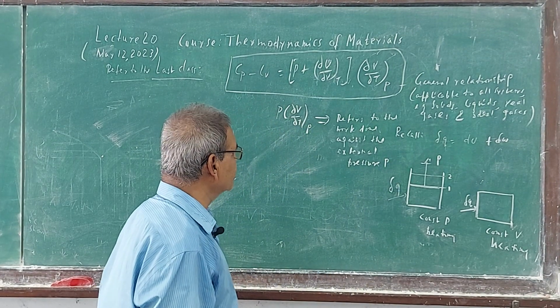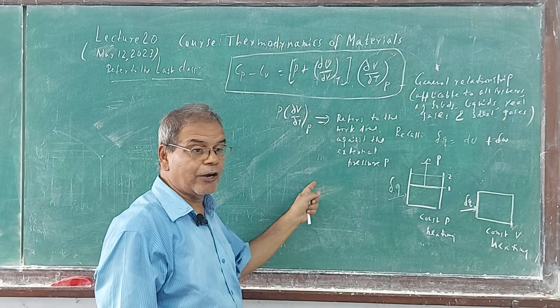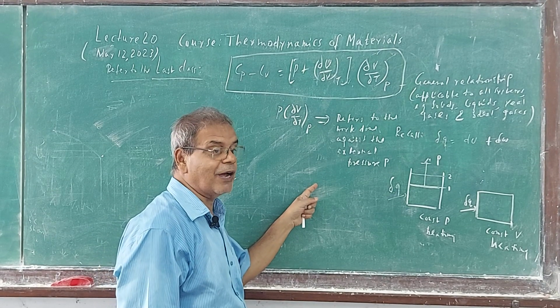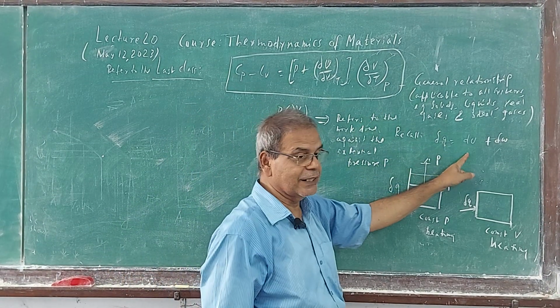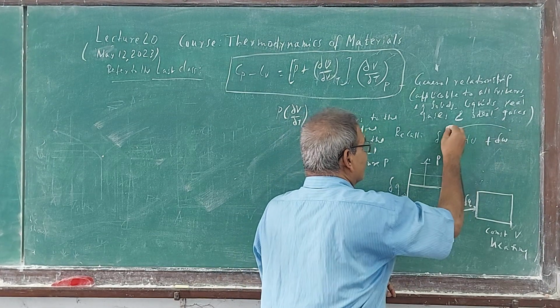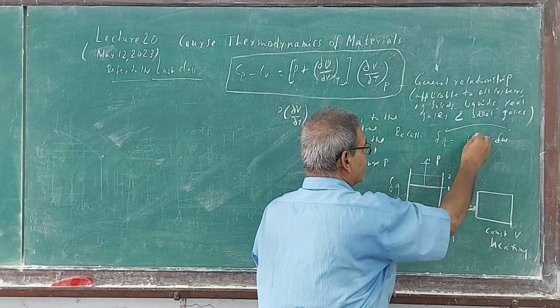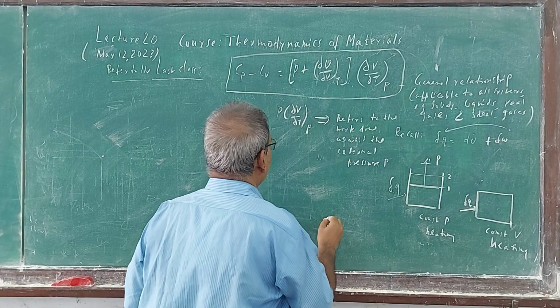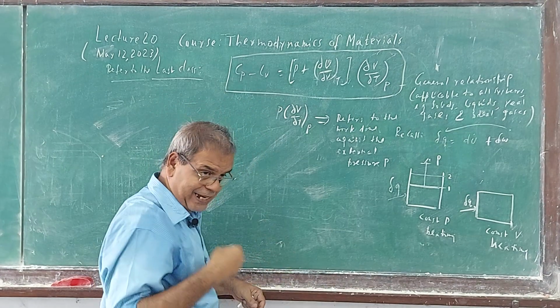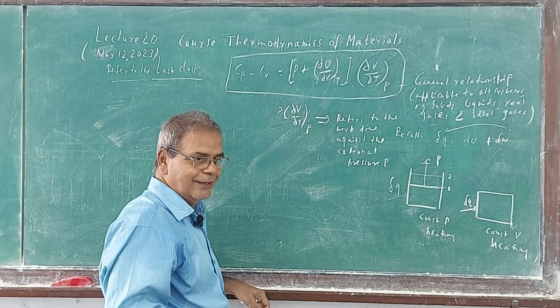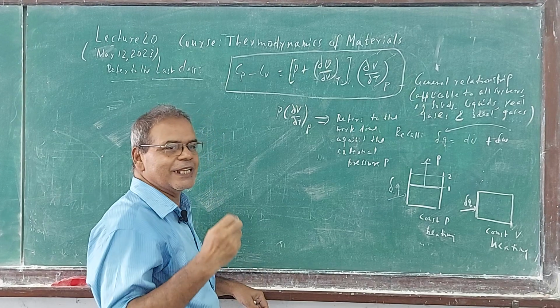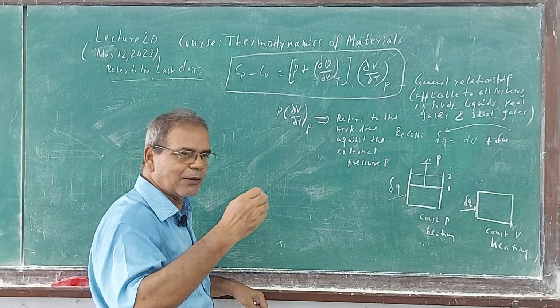One is dW, another is dU. Accordingly there is heat requirement. For work done, there must be some heat supply, that is dQ. Extra heat is required compared to constant volume heating, because extra work is done.